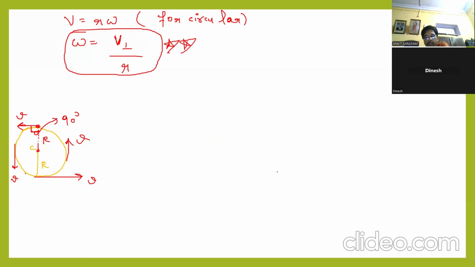Meaning, for example, you are standing at a point A, and let us suppose one example. This is the point B, and here the particle is moving with a velocity of 10 meter per second, and this distance is 4 meter.